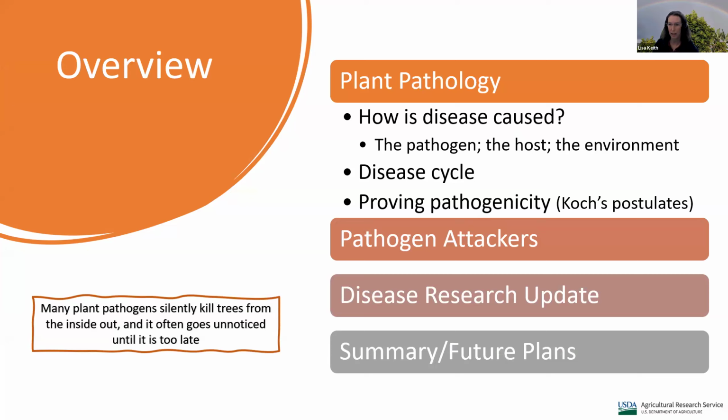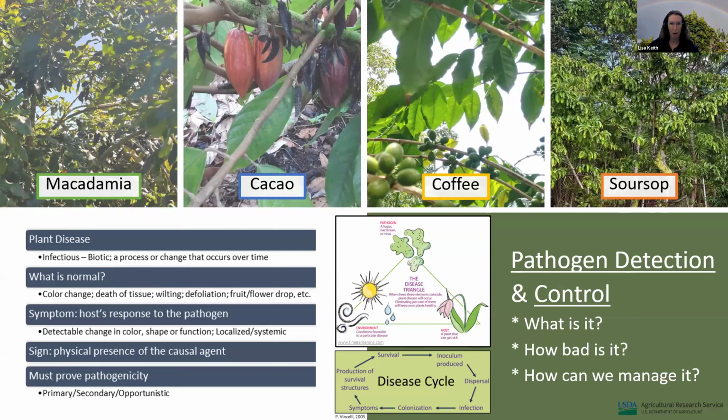I know this is going to be a lot of information. I have a lot of pictures. I figure it's a good record, and please feel free to reach out and ask for more questions or more info. But we're going to talk about macadamia, cacao, coffee, and soursop, and Annona species today.